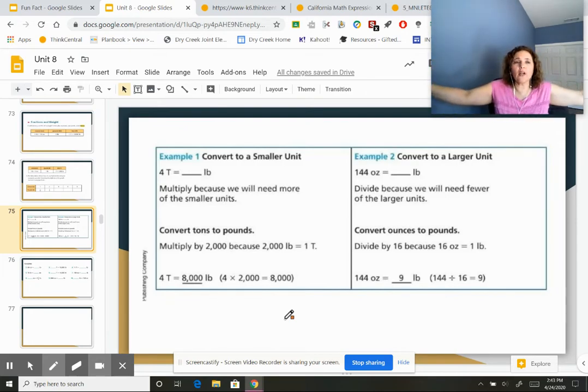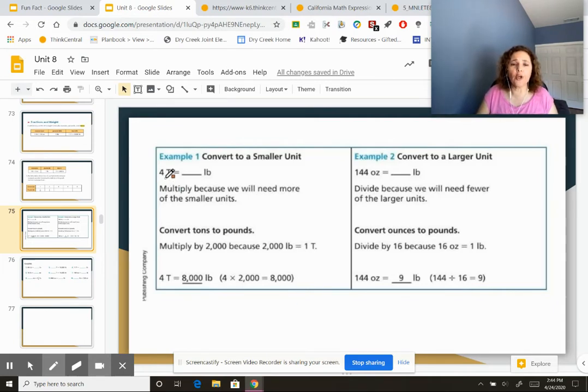Smaller to bigger, you must divide. Bigger to smaller, multiply. Bigger to smaller, multiply. Come on, sing it with me. This is going to help you. So if you need to, repeat this part of the video and sing it with me. It's really, really going to help you.